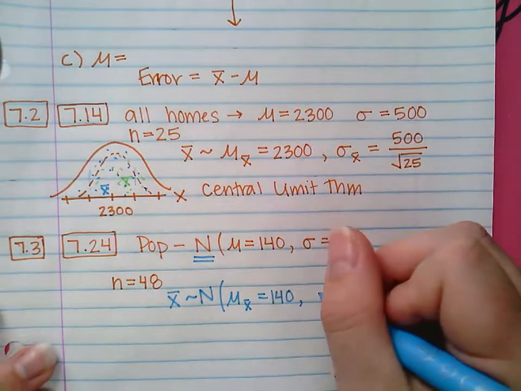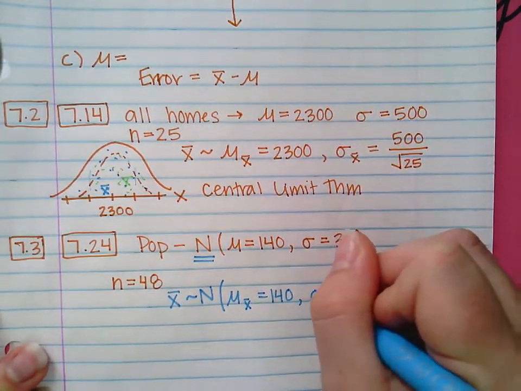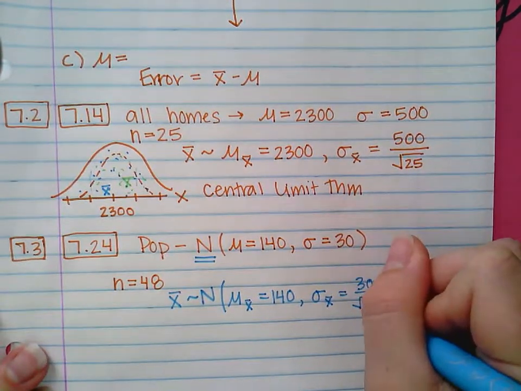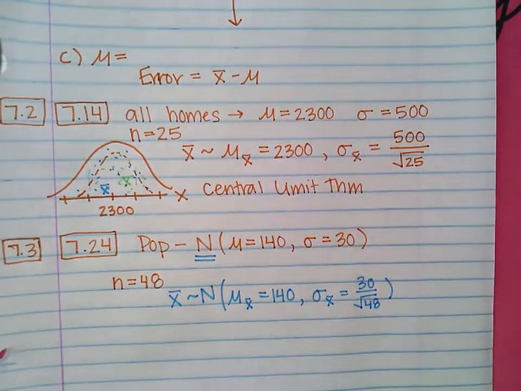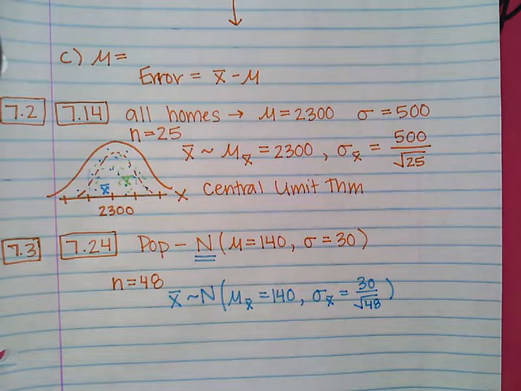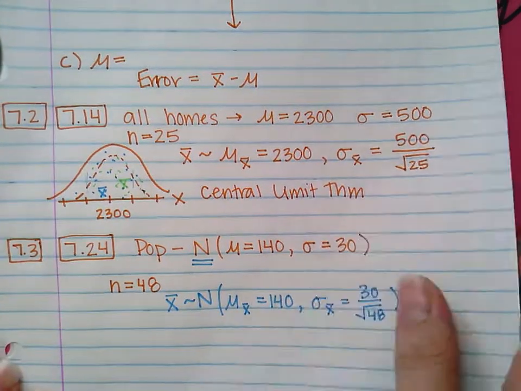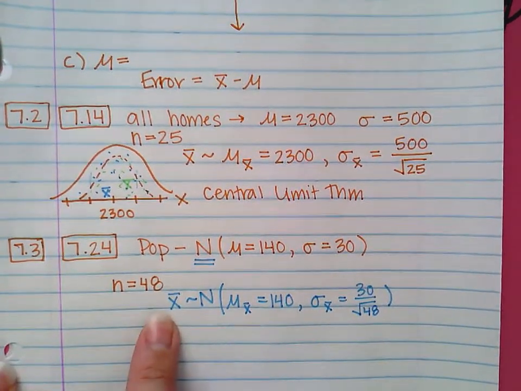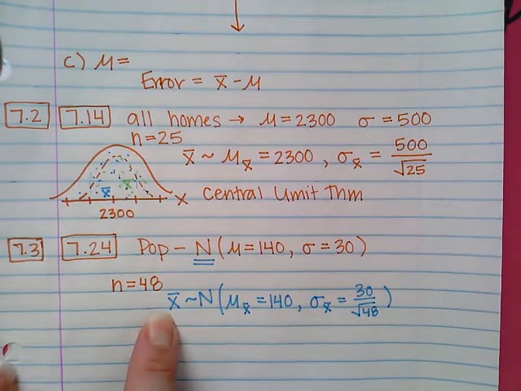And just like the one we did up here, we're going to do 30 over the square root of n for our standard deviation here. And so that notation allows you to communicate center, shape, and spread of a distribution really quickly and really easily. Just that normal, here's the mean, here's the standard deviation for that sampling distribution we're talking about.